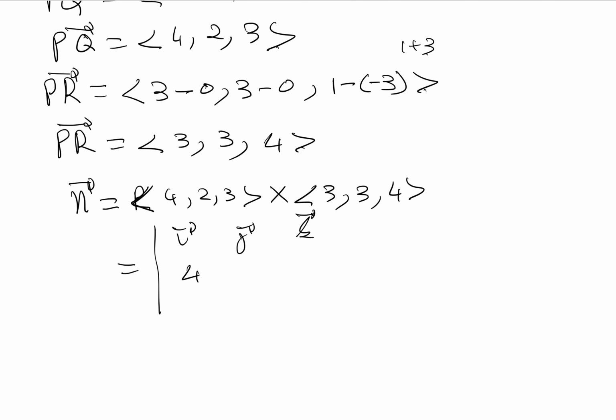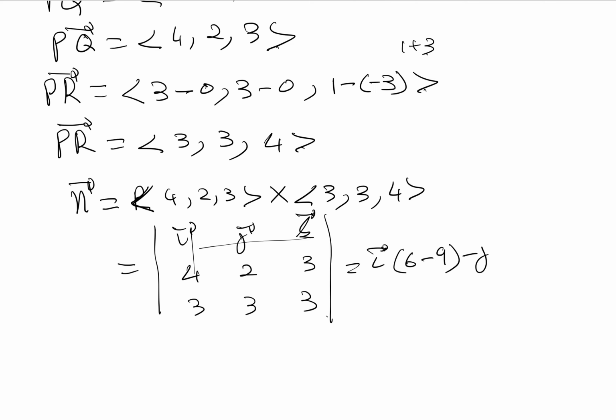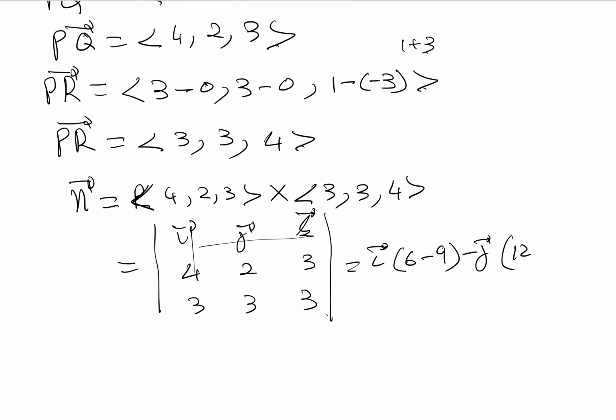So you have 4, 2, 3 and 3, 3, 4. Okay, you have this one. So for i, you have 6 minus 9, negative j, and you have 16 minus 9. And then the last one you have plus k vector, and you have 12 minus 6.